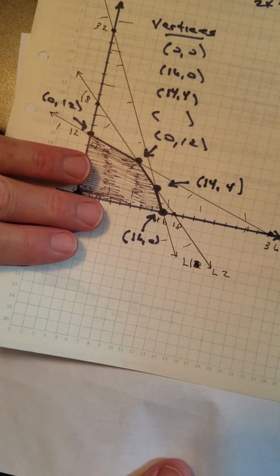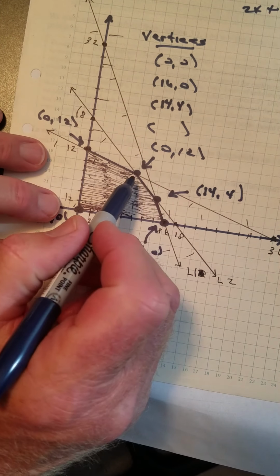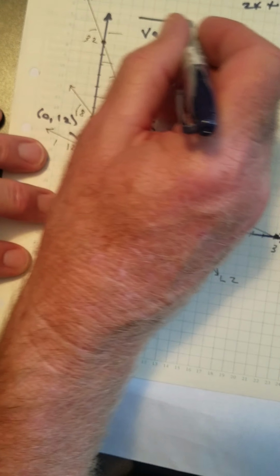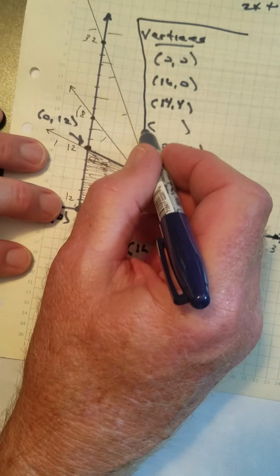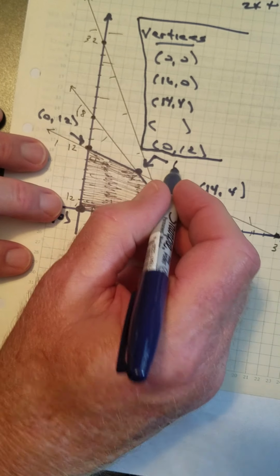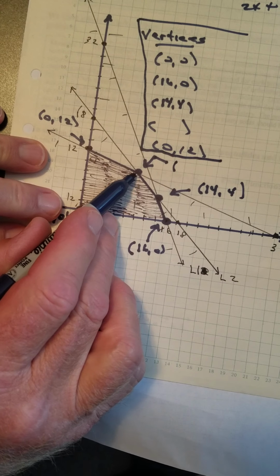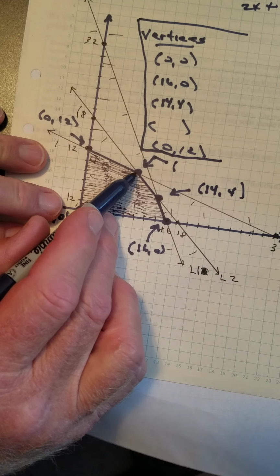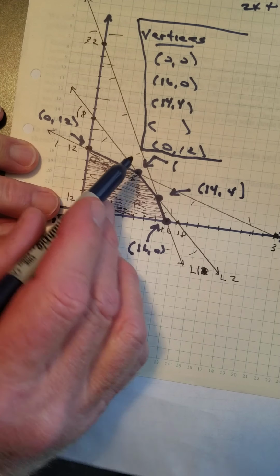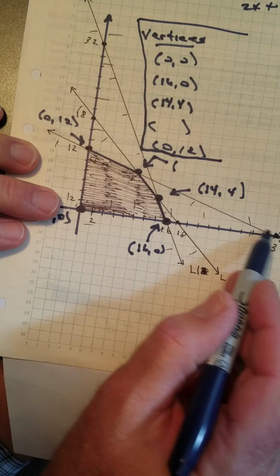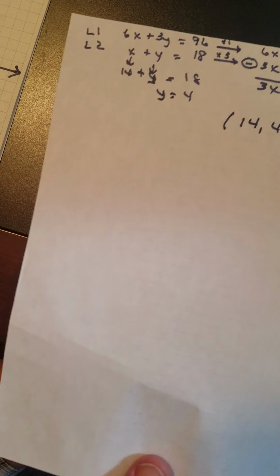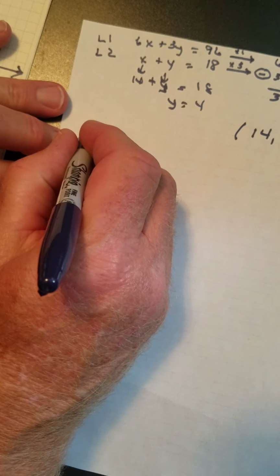Okay, back to my picture. Now I want to get this guy here. I don't know what it is. I need to separate that. Looks like I'm calling that one 0, 12 when I'm not. Okay, so this point, what two lines intersect? Well, this one right here, what is that? That's L2. And this line right here, which is L3. So L2 and L3. So I come back over here.